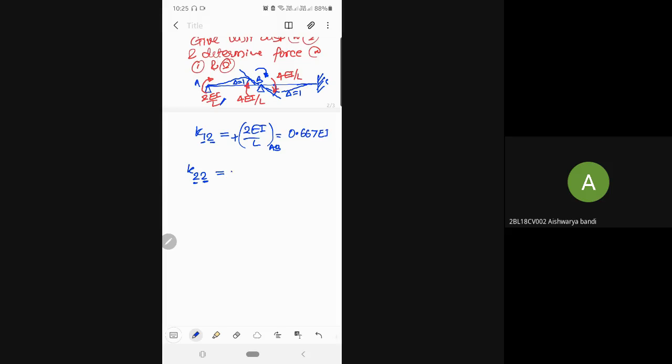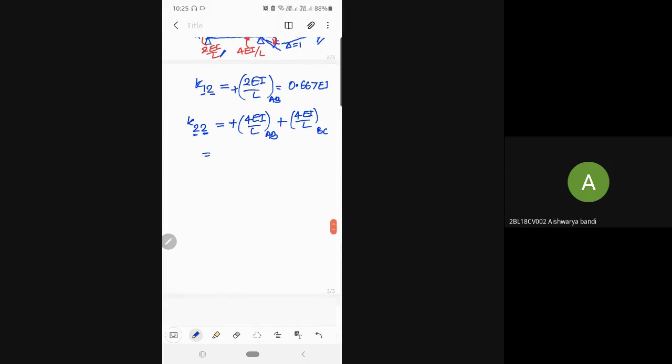Therefore it is plus 4EI by L for member AB plus 4EI by L for member BC. Now substitute 4EI by L. You can substitute EI; if EI is different for member AB and BC, accordingly you can substitute I, 2I, whatever it is.